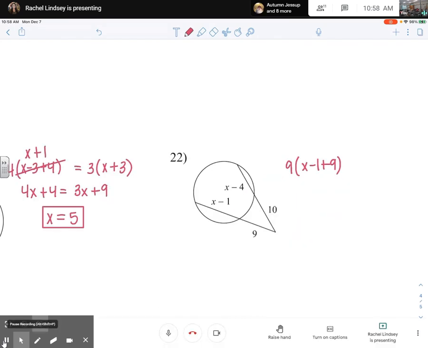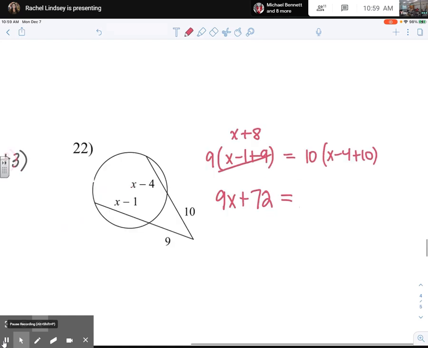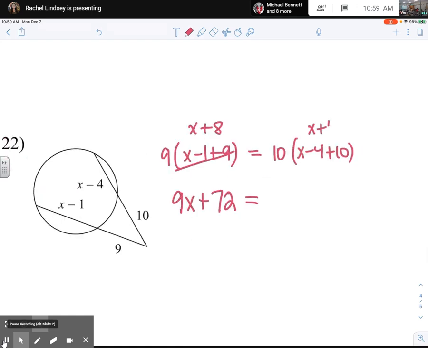Whole thing's going to be x minus 1 plus 9. When you combine that, you'll get x plus 8. So I have 9 times x plus 8. You multiply it out, gives you 9x plus 72. The other side I'll have 10, and then x minus 4 plus 10, which is x plus 6.